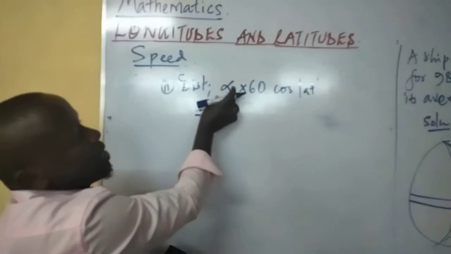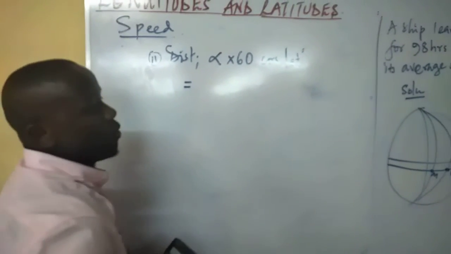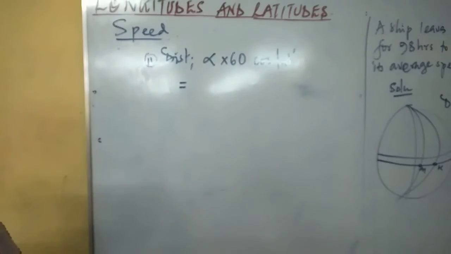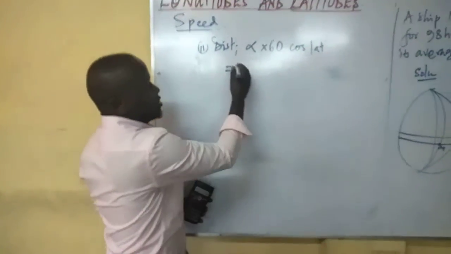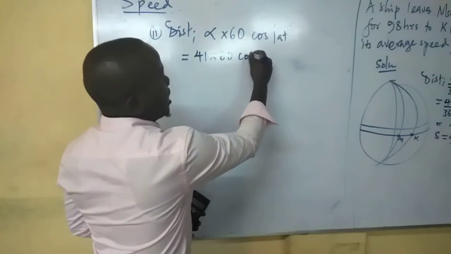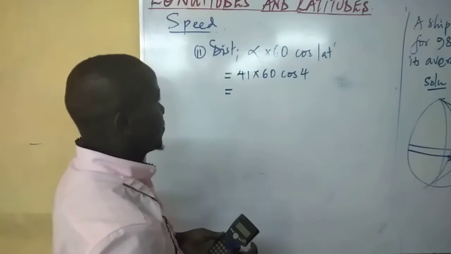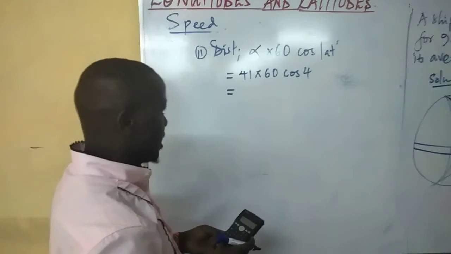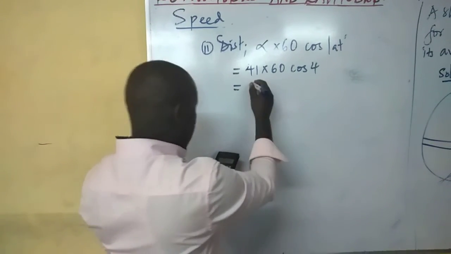Therefore, it will be the difference in longitudes from 80 to 39, as we have already calculated. It is 41 times 60 cosine of 4. Distance in nautical miles will be 41 times 60 cosine of 4.